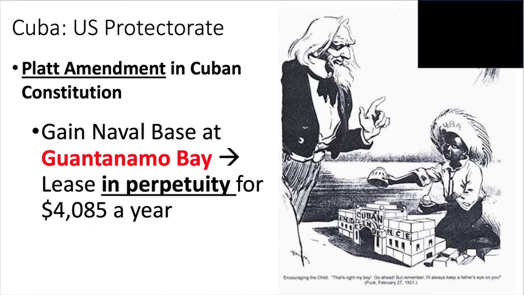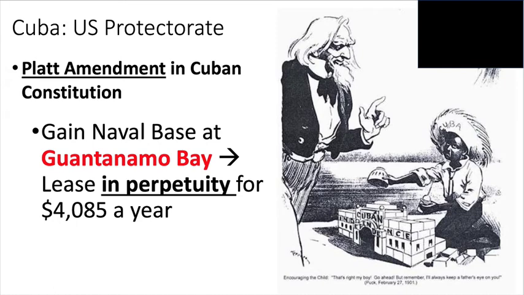The last part of the Platt Amendment that you should be aware of is Guantanamo Bay. We're going to talk about Guantanamo Bay at the end of the year. It's kind of infamous for the fact that it has a prison camp located on it. But what happens is Guantanamo Bay is part of Cuba, and yet that piece of Cuba is basically controlled by the United States.